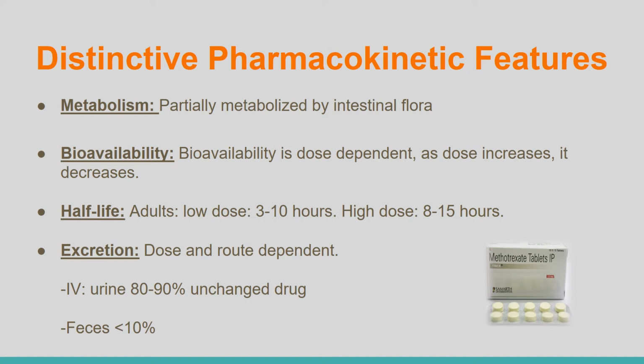It has a half-life of 0.7 to 5.8 hours for children, and for adults it is also dose dependent: for low dose it is 3 to 10 hours and 8 to 15 hours for high doses. The excretion is dose and route dependent as well, and 80 to 90% of the drug is excreted in an unchanged form.